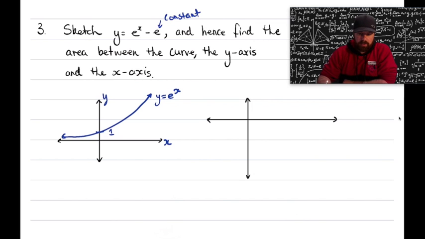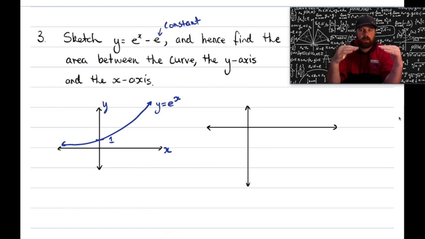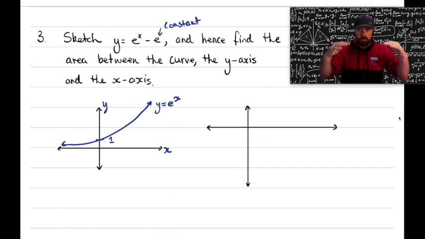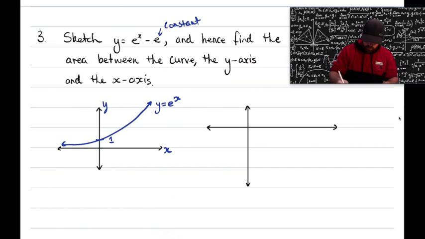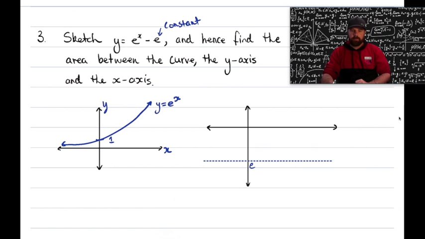Let's evaluate that. Because this curve has been shifted down e units, our asymptote has gone from being at 0 to now down e units. So our horizontal asymptote is now down here at the value minus e.